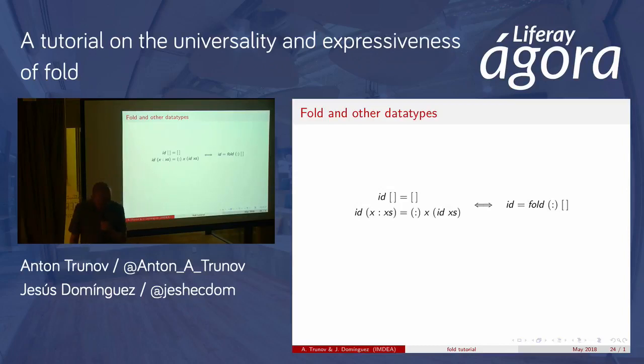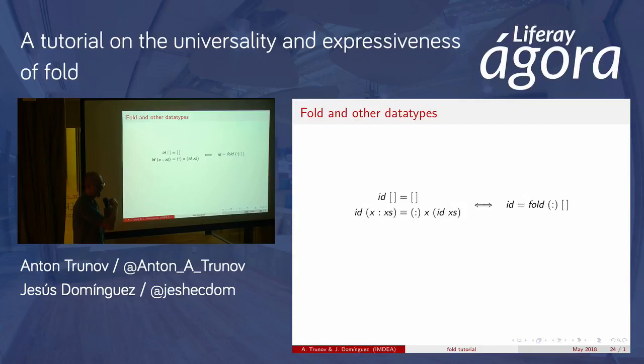Let's go back to lists for the moment. Let's see what will happen if I apply fold on the constructors of list, fold on cons and the empty list. What do you think the fold should do?